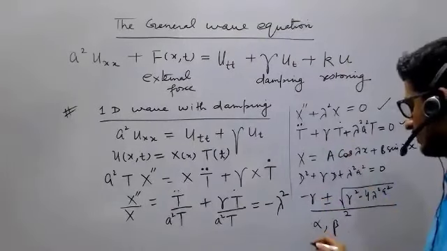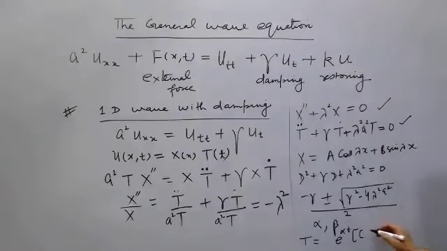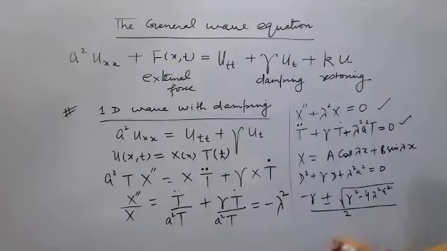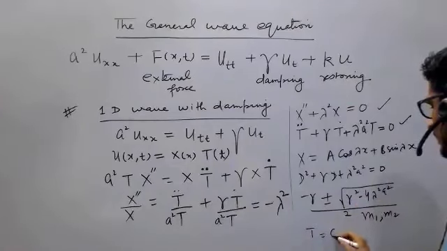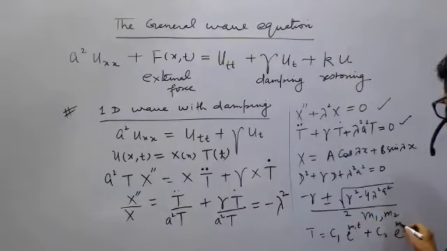So what will be the solution of capital T? Let me write these two solutions as m1 and m2, because we don't know whether the negative sign is here or not. So I will write capital T is equal to c1 e to the power m1t plus c2 e to the power m2t, and m1 and m2 are two roots.